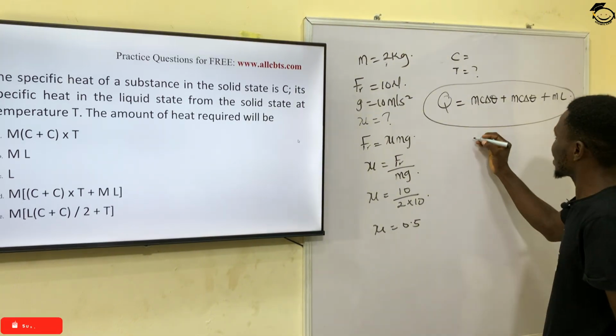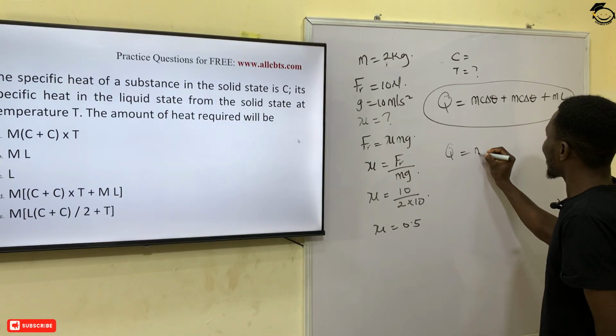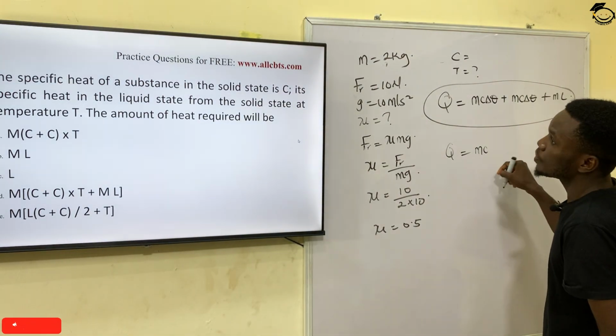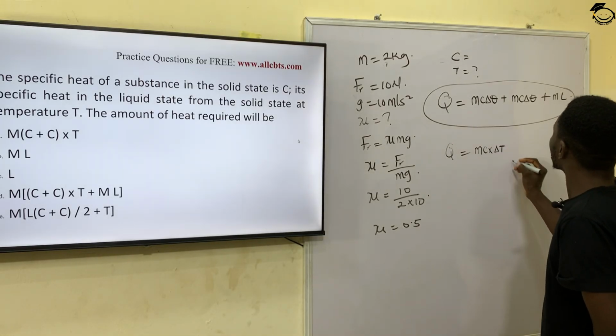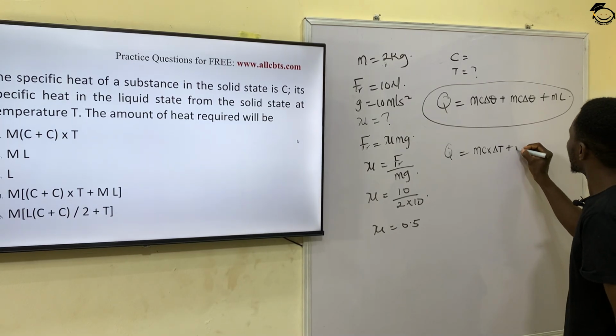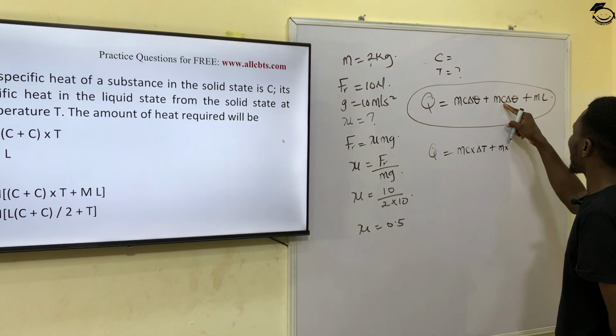So this is the same as saying that I have my quantity of heat equal to the mass of the substance times C here, which was given, times change in temperature, since they say that temperature is T, plus the mass of the substance times my C here, which is that of the liquid.